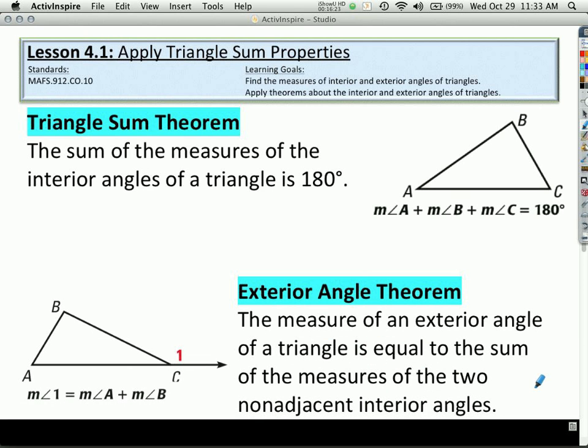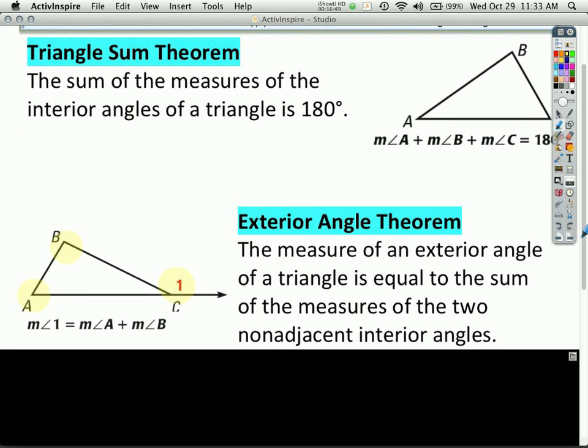What about the exterior angle theorem? You're going to actually have to prove this theorem as part of your homework assignment. The exterior angles theorem says that this angle here, formed by extending the bottom side, will equal the sum of that angle and that angle.